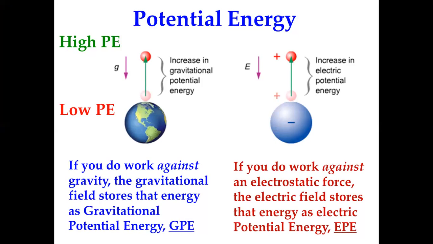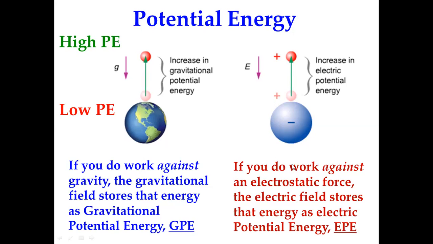We know it is the energy possessed by a body by its own. Here they have given us the example of gravitational potential energy. If we do work against gravity, the gravitational field stores that energy as gravitational potential energy. The gravitational field possesses that energy.